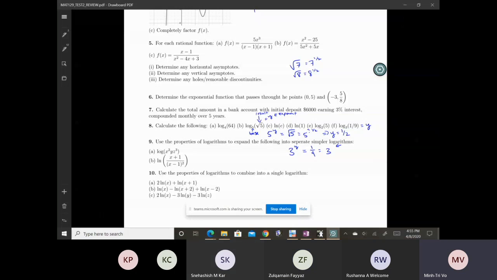You look at the number 1/9. First of all, the 9, how do you write it as 3 to a power? 9 is 3 squared, right? But it's in the denominator. What does that mean? That means it's negative. So the exponent here is -2.